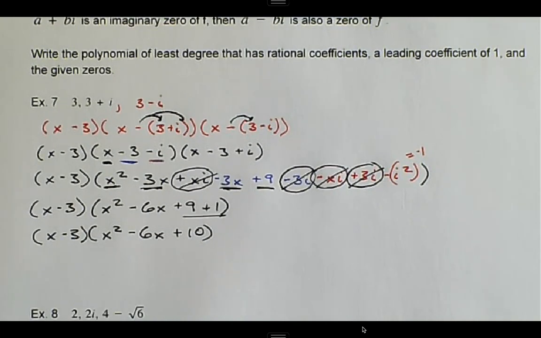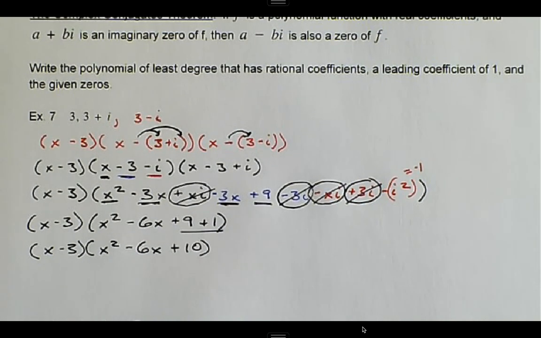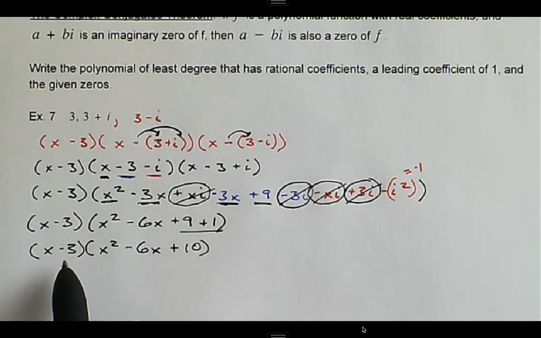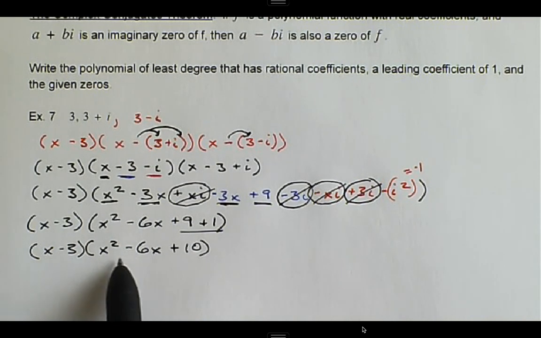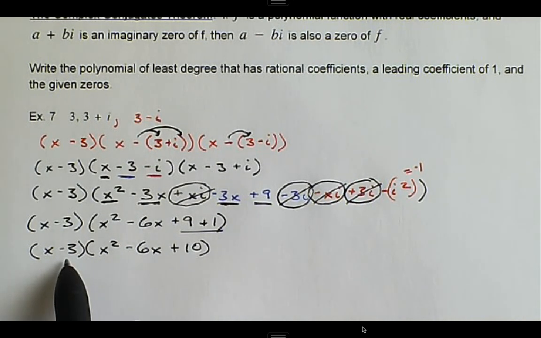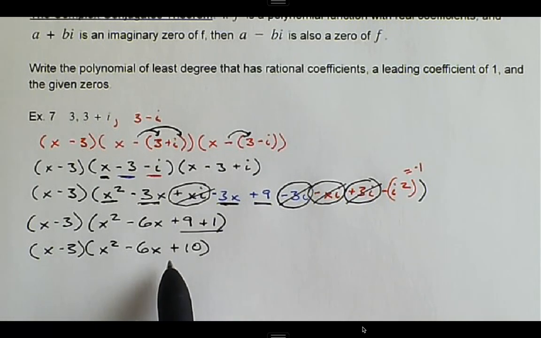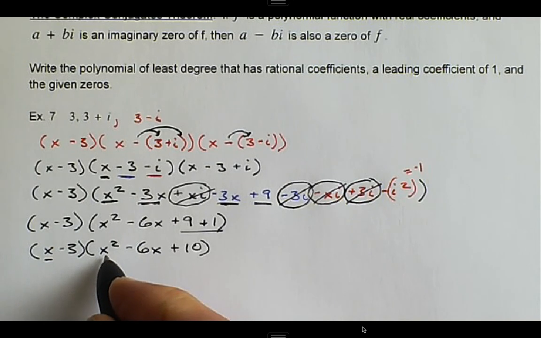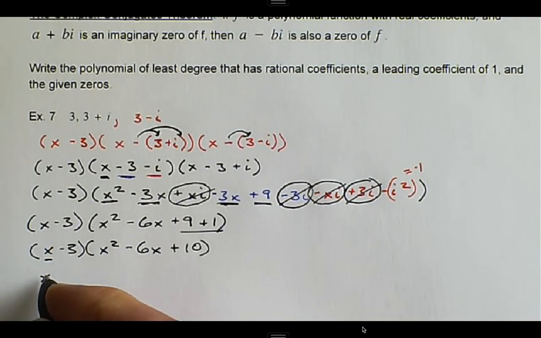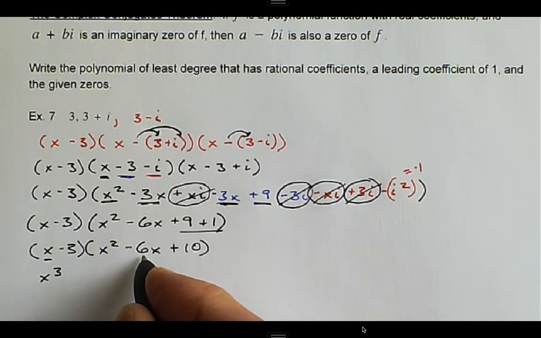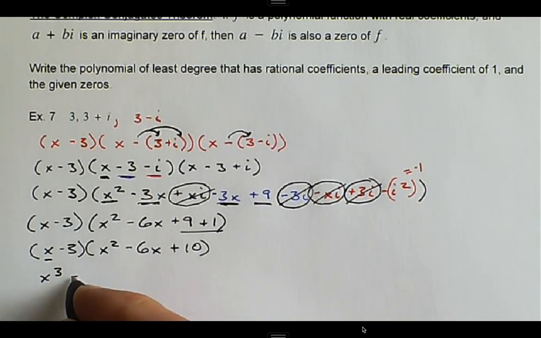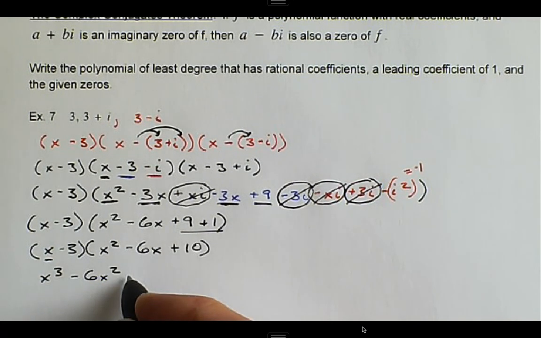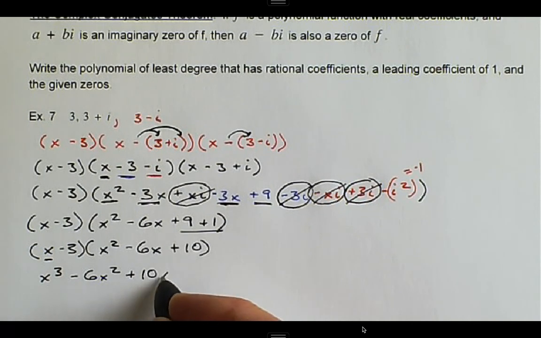And the last thing to do is, well, not the last thing we have to do. We have to take the x and multiply it by the trinomial. Then we have to take the negative 3 and multiply it by the trinomial. So x times x squared is x cubed. x times negative 6x is negative 6x squared. x times 10 is positive 10x.